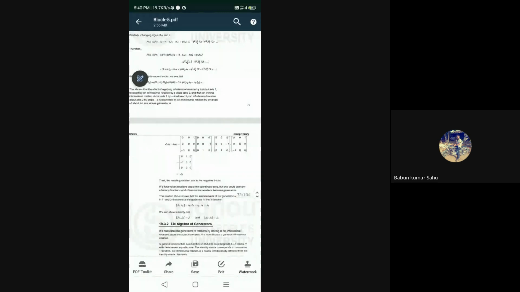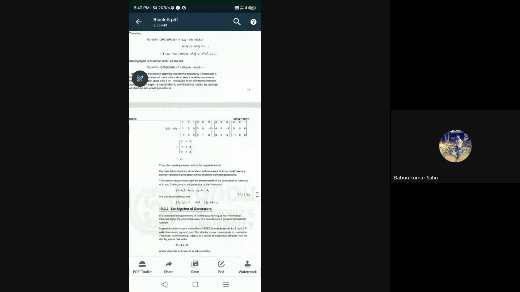The relation I have shown you now on the screen is that the commutator of the generators of rotations in the 1 and 2 directions is the generator in the 3 direction. So in square brackets, [J1, J2] is equal to J1 J2 minus J2 J1, which is equal to J3. So you can show that [J2, J3] is equal to J1, and [J3, J1] is equal to J2.